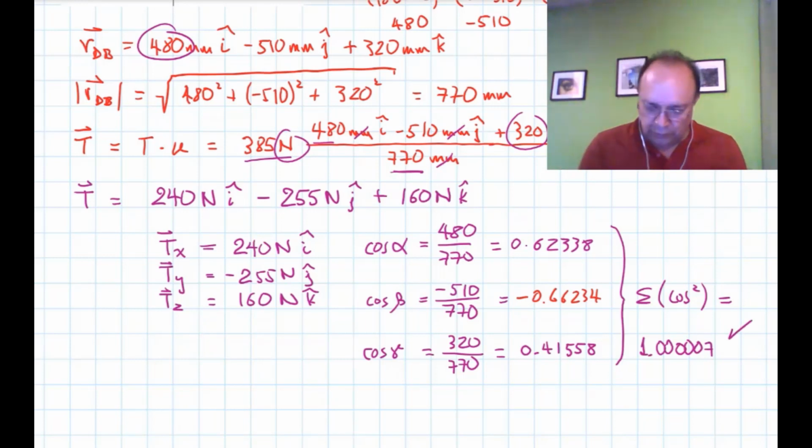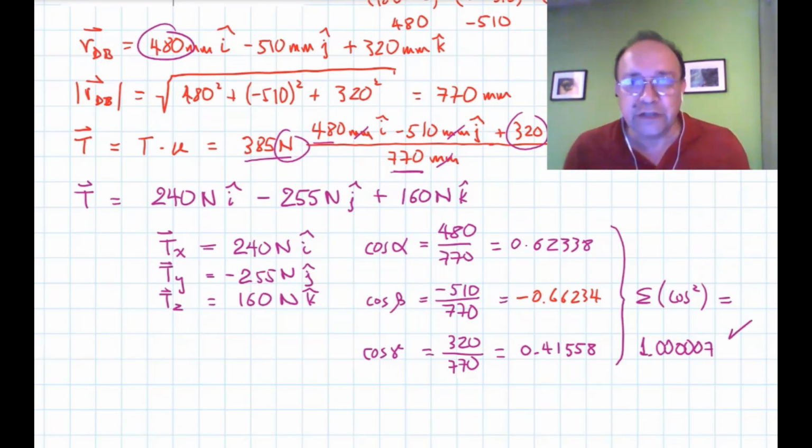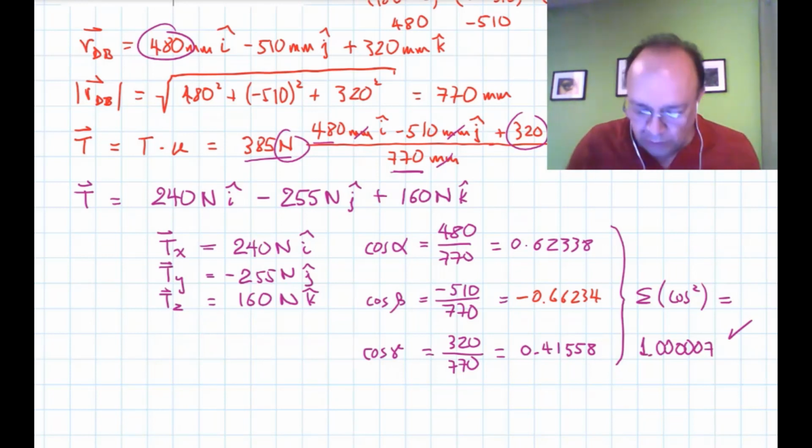So good. It's a good thing to do that check just to verify you didn't make an error somewhere. The summation of the squares of the cosines has to be equal to 1.